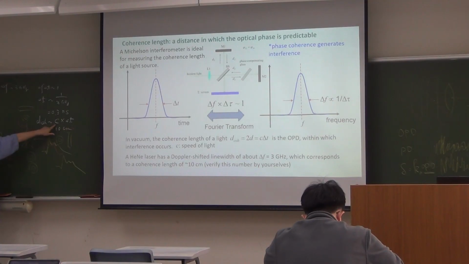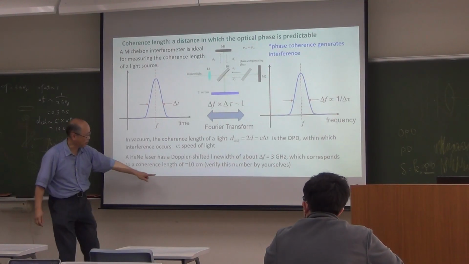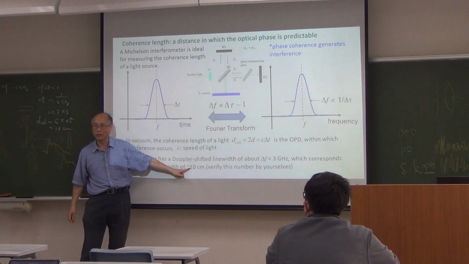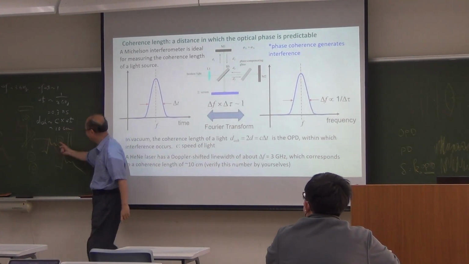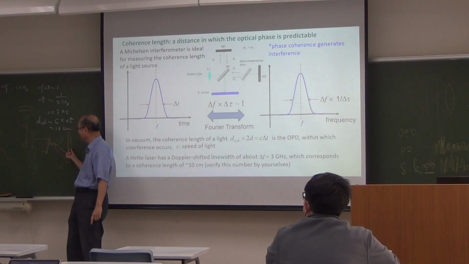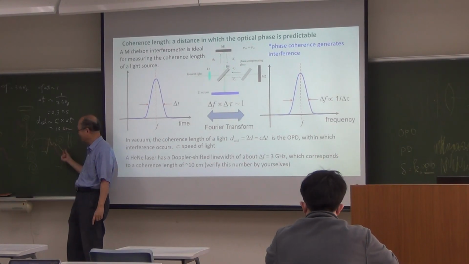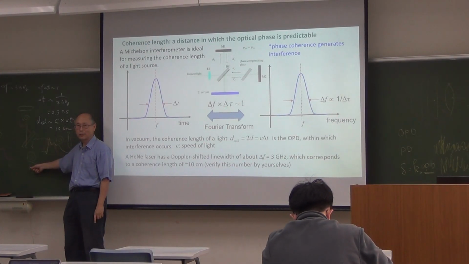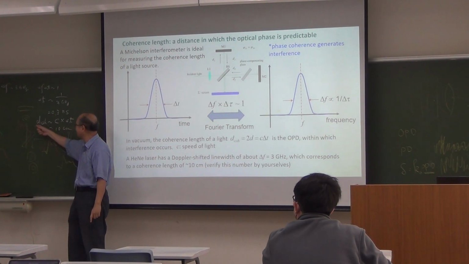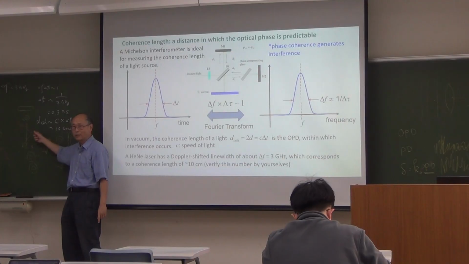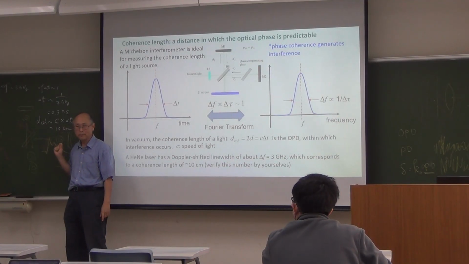This is the speed of light. So this is why I say that it's about 10 centimeter. So if you change to D, if you move this within 5 centimeter, you see interference fringes, because if I translate this 5 centimeter, the path difference between these two will be 2 times.